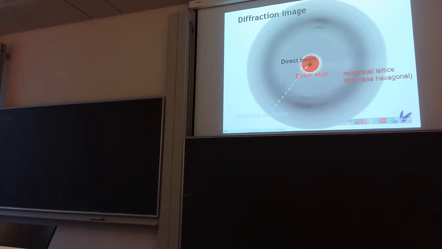And the low resolution information is at the low angle, so that's close to the center. If you go out to further distances, that's where, let's say, the high frequency information is. That gives you the information about the small spatial scales, which means high resolution information for your atomic locations.